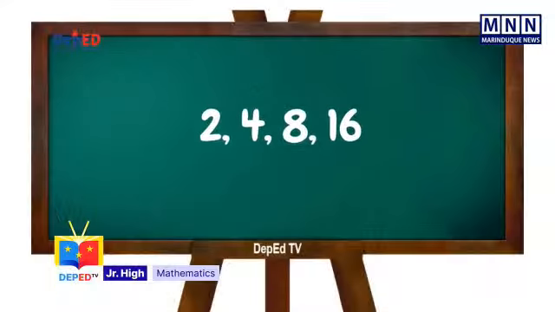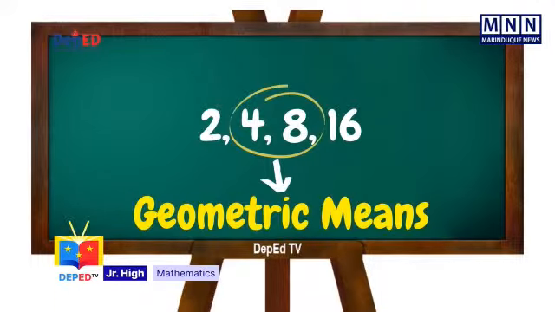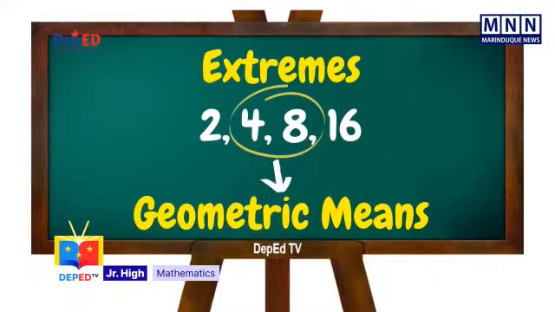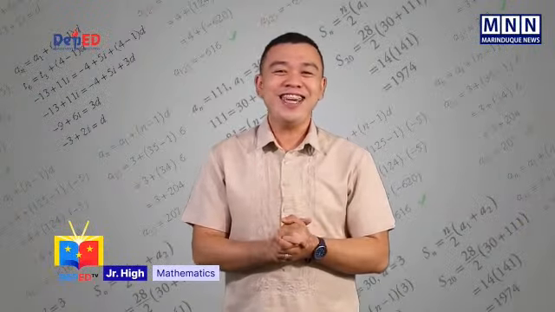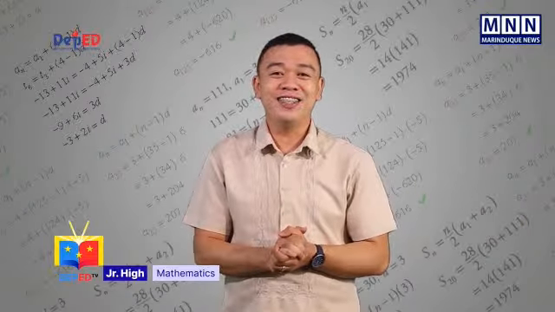In the sequence 2, 4, 8, 16, the numbers 4 and 8 are the geometric means of the extremes 2 and 16.